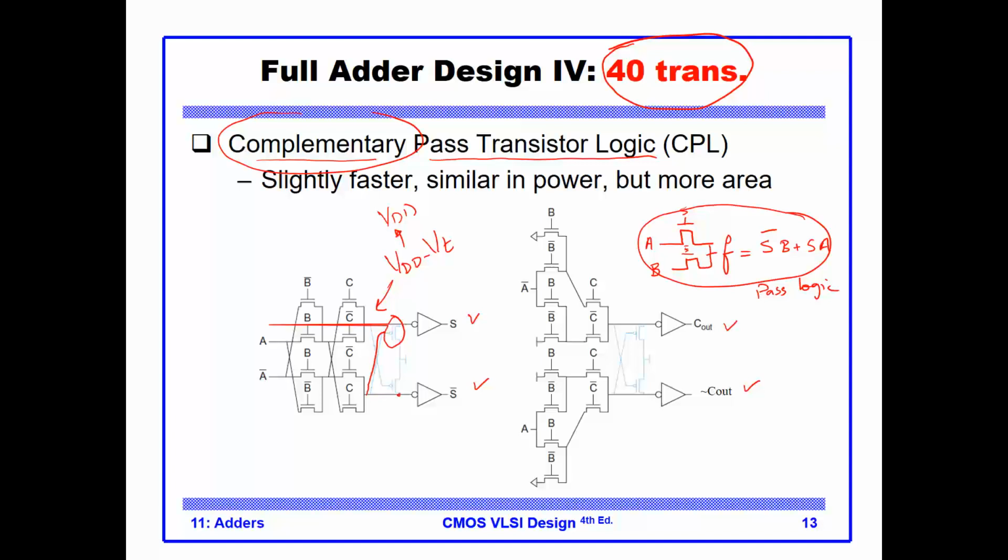So is this node as well. Now, if this node needs to be at VDD, it will be through the NMOS as VDD minus VT, right? So we can boost it through this PMOS.